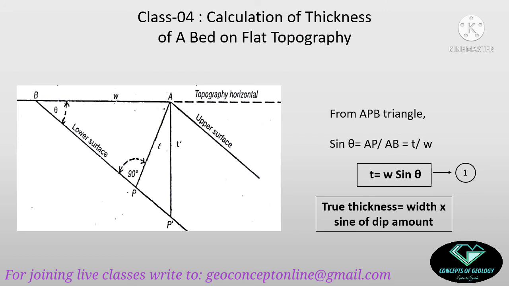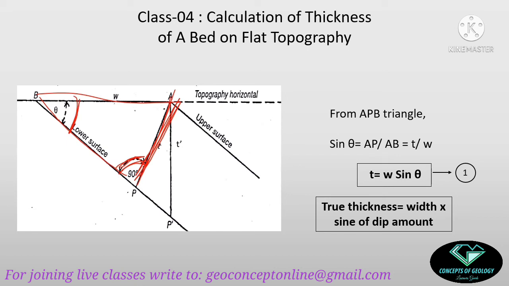Now first I am coming to the triangle APB, okay, this one. Here see, this angle is 90 degree. Why? Because this is the true thickness, and the true thickness is measured perpendicularly to the upper and lower surface. So this angle is 90 degree clearly, okay, and this angle is theta. Why? Because this is the amount of dip.